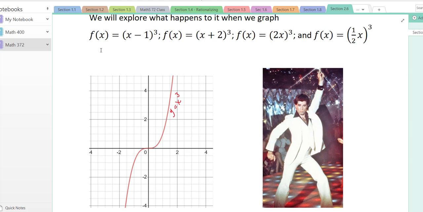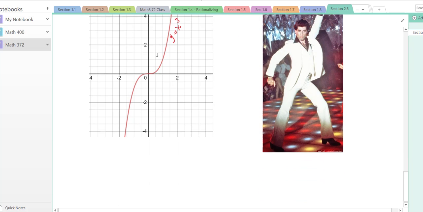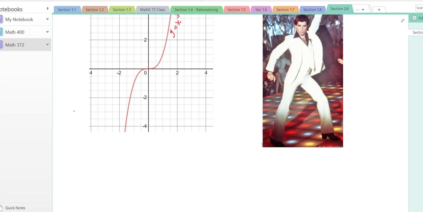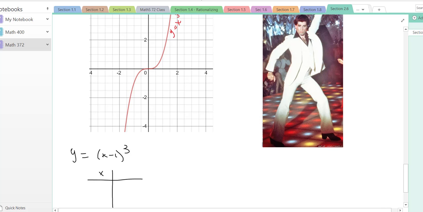So what does f of x equals (x minus 1) cubed look like? Let's explore the table of values. If I go y equals (x minus 1) cubed, I have x and (x minus 1) cubed.